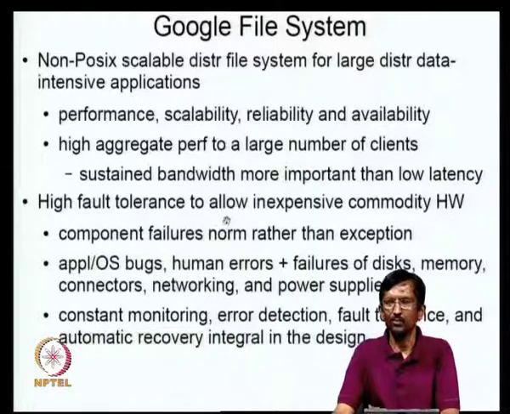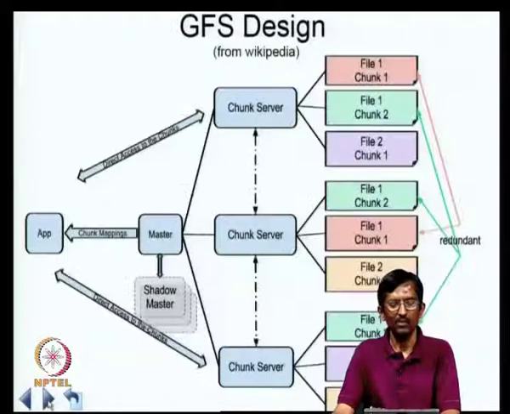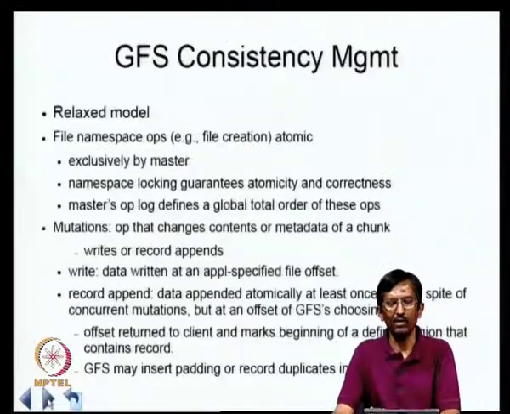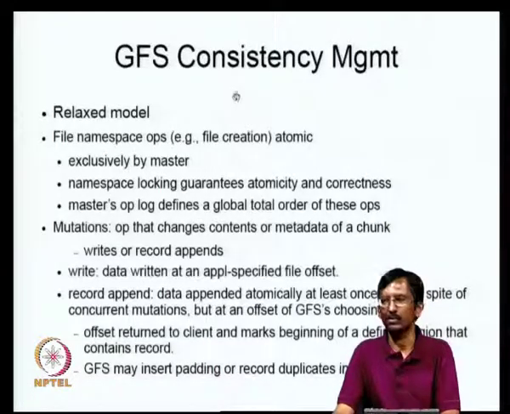The idea here also is that you want to design your applications along with the file system. So, we are not assuming a POSIX file system, we are assuming something different, and for that reason it has a relaxed consistency model. We will try to understand what this is today.